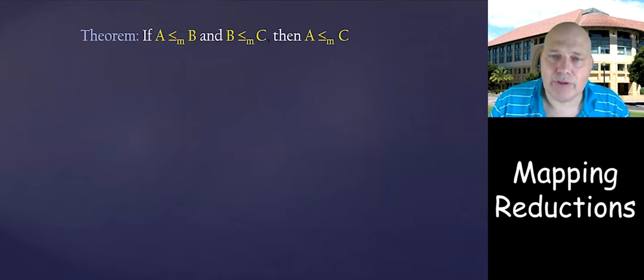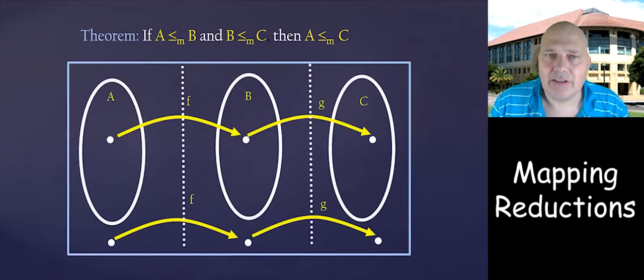One nice property that we have is transitivity. If A is mapping reducible to B and B is mapping reducible to C, then A is mapping reducible to C. To see that, we just need to compose the two reductions, f and g.